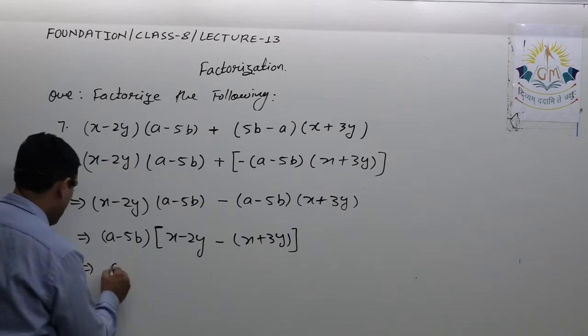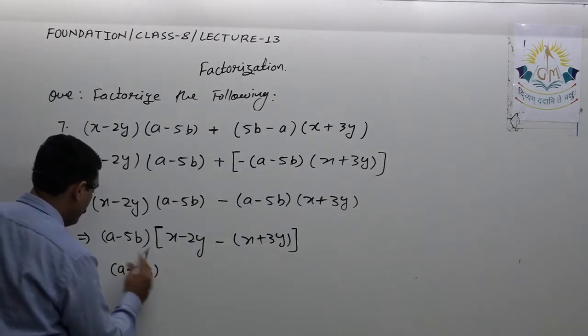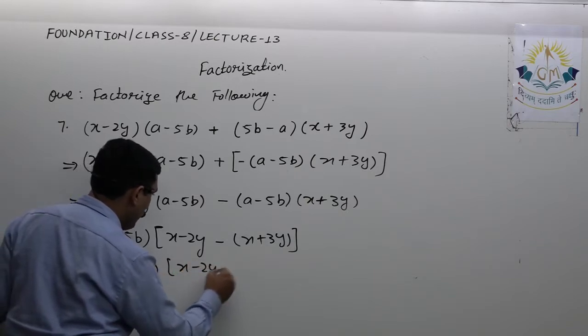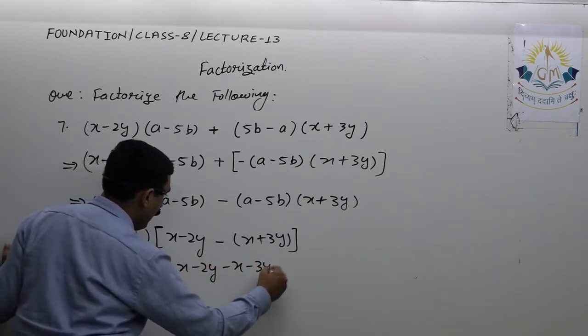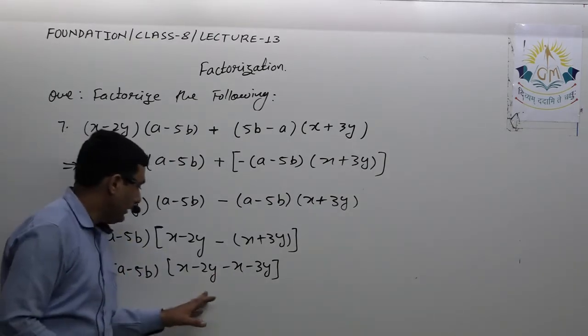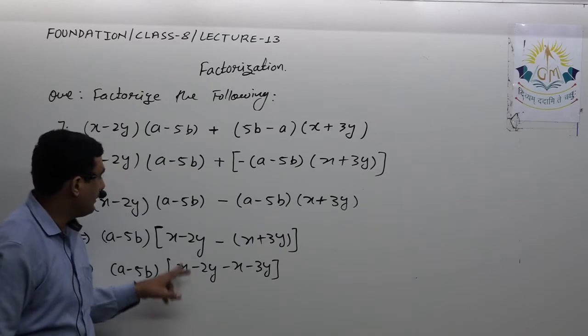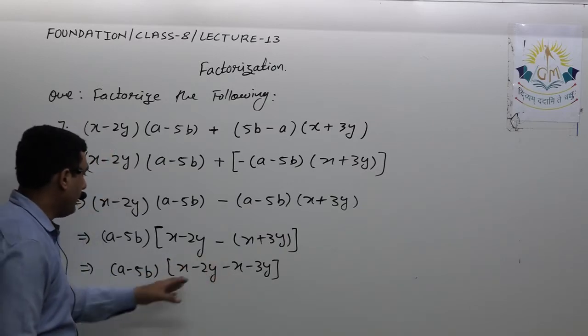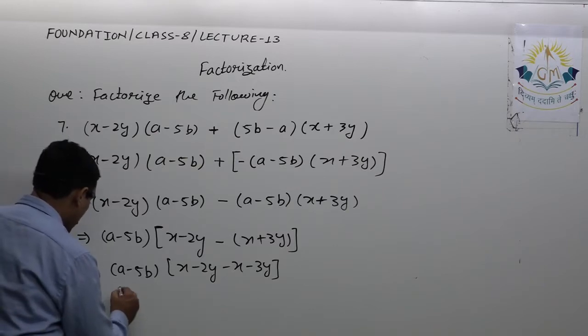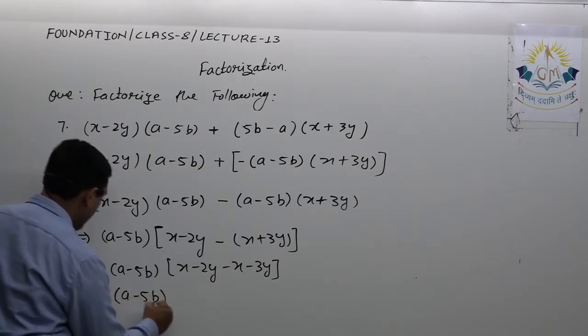So here I'll get a minus 5b. Here it is x minus 2y minus x minus 3y. Here again I can see this is plus x, this is minus x. I can cancel. Here minus 2y, it is minus 3y. So here I write a minus 5b.